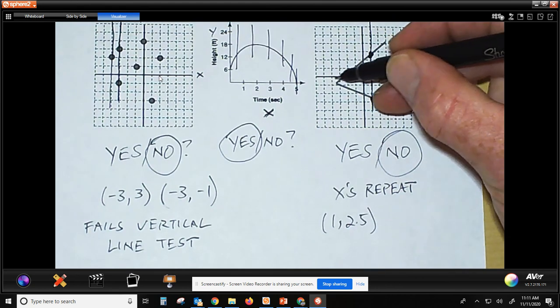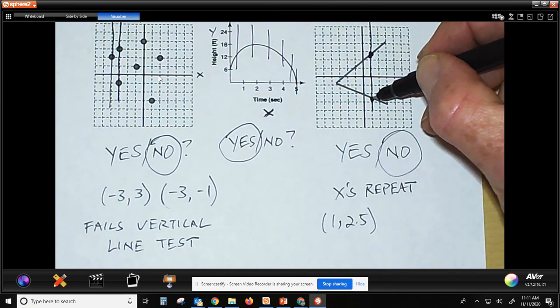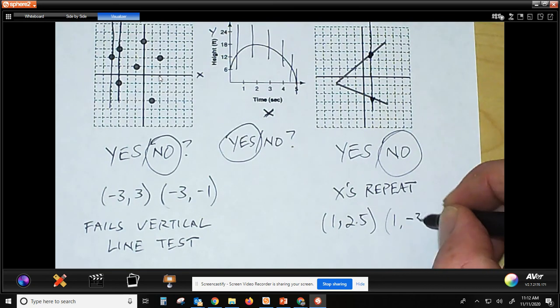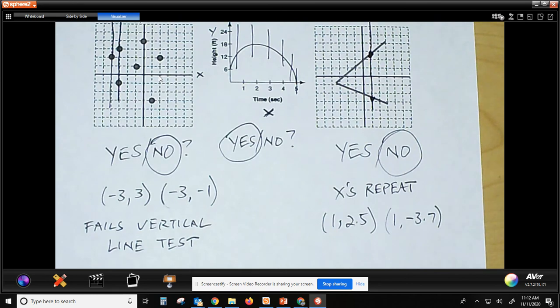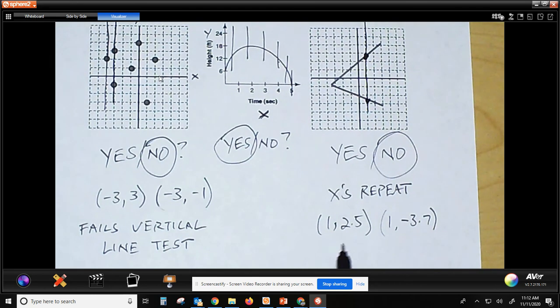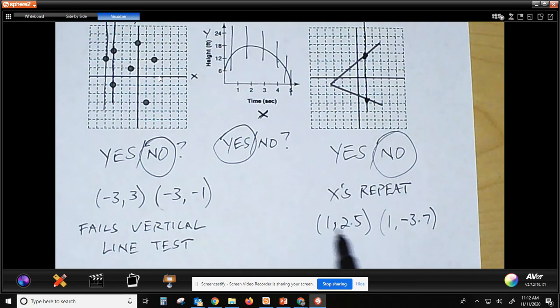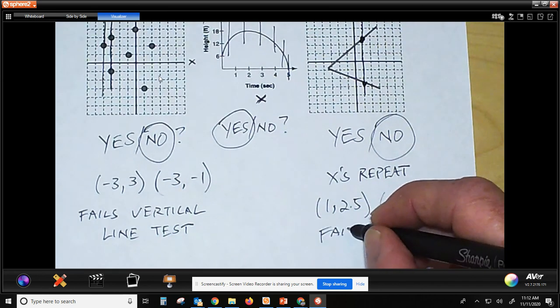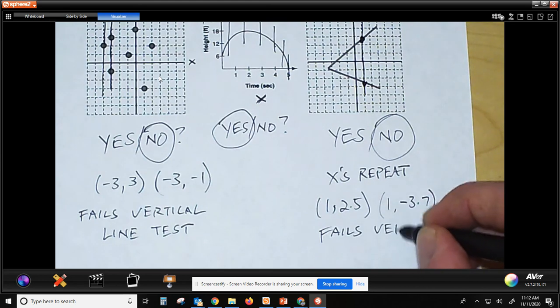And it looks like I also have over 1 down 3.7. The x's repeat. I have the same value for x with different values of y. It is not a function, and it also fails the vertical line test.